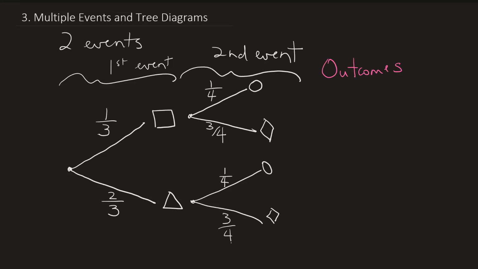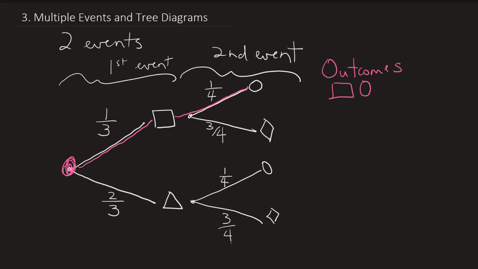To create the first outcome of both the events together, we start at the beginning and we travel along the branches till we get to the end of the branch. So we're going to travel along here and collect the first outcome, which is a square, and then move along this top branch to collect the second outcome, which is a circle.